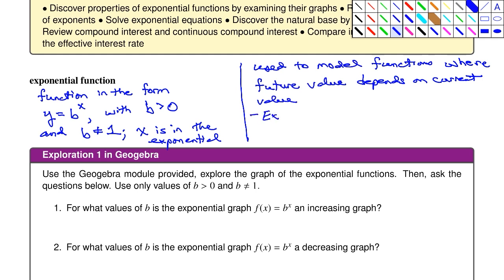For example, population growth. That's a good example. Basically, the more people you have, the more little people they have.